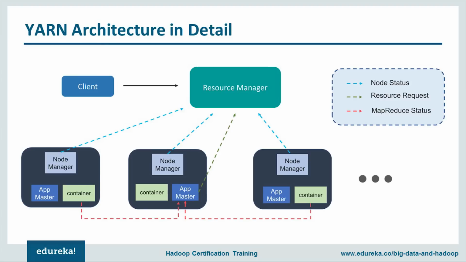The app master is responsible for taking care of all the resources required to execute that code. If any resource is required, it is the app master who asks the resource manager for it. The resource manager provides the app master with the resources, and then asks the node managers to start a container, and the container is the place where the actual execution happens.